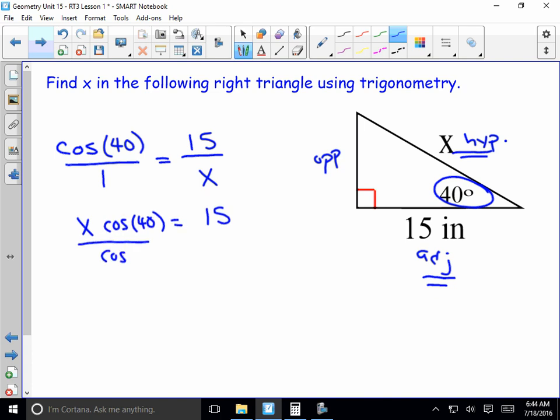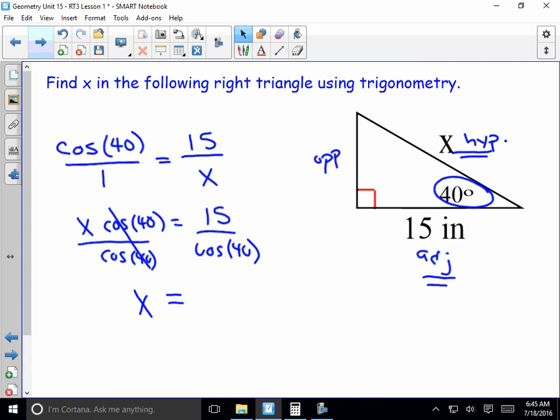Divide both sides by the cosine of 40. And we get x equals, and now all we want to do is just type this into our calculator. What is 15 divided by the cosine of 40? So we've got 15 divided by cosine of 40 equals 19.58.